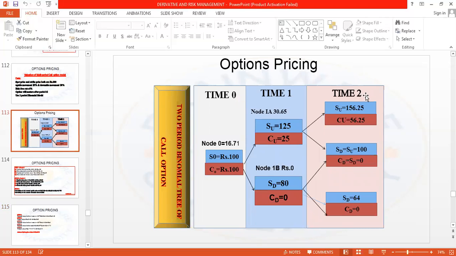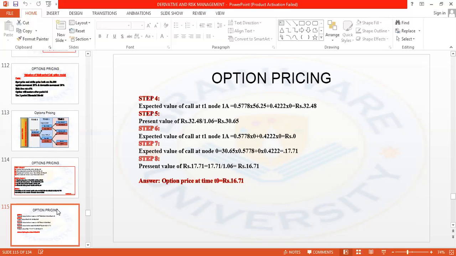So from T2, we will first move to T1. How is it possible? It is possible by calculating the present value. How is the present value calculated? Present value is calculated by dividing 32.48 by 1.06. We are assuming that 6% is the risk-free rate for each time phase.